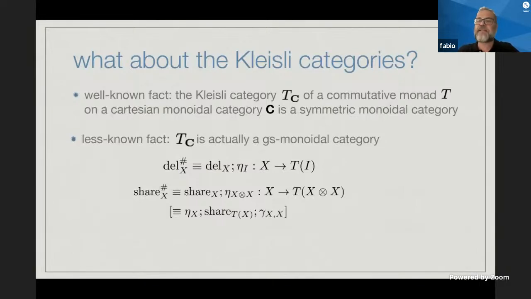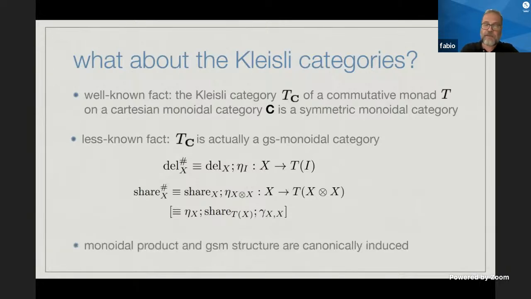So you basically end up with a gs-monoidal category. Not only that, you can play a bit more depending on the property of the underlying functor, that's to say, if it is an affine monad, relevant monad, and so on. So the monoidal product and GS structure are canonically induced.